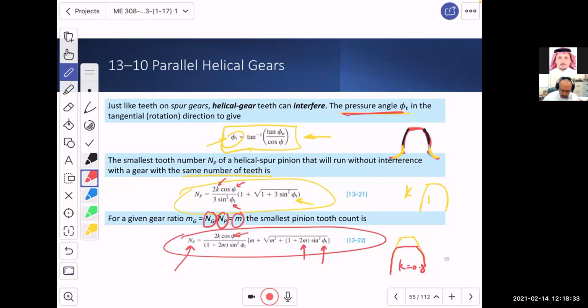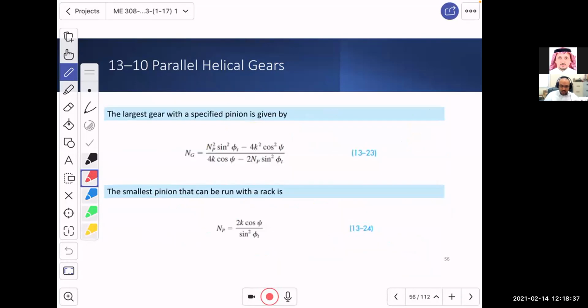Okay, are we good? If you recall, with the spur gear, the next step was to find the largest gear for a specific pinion.